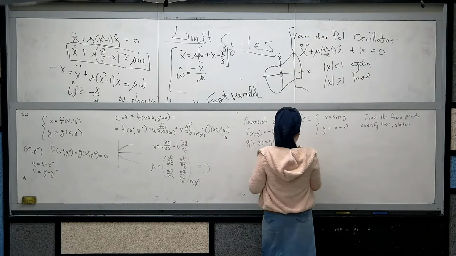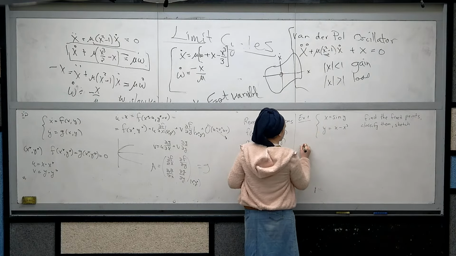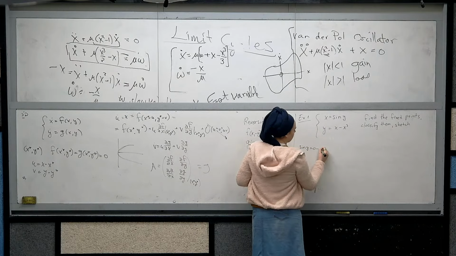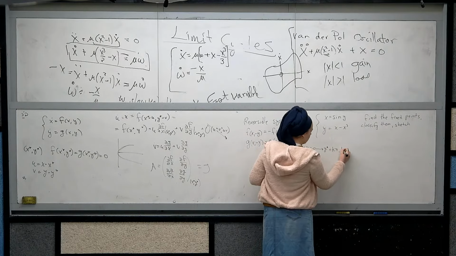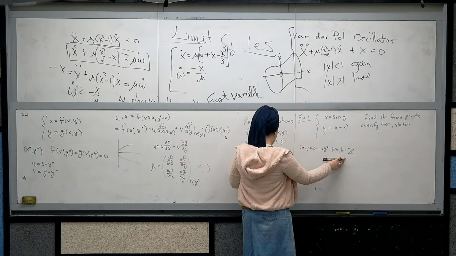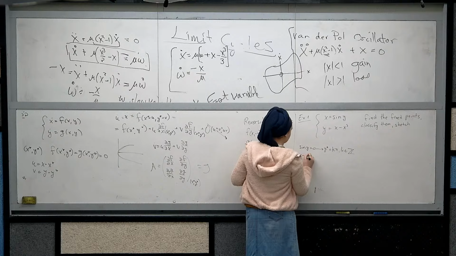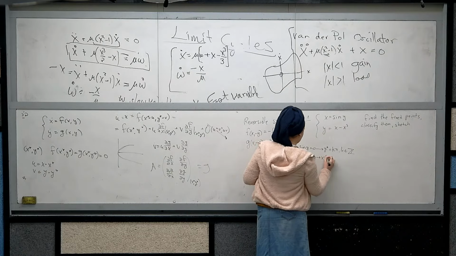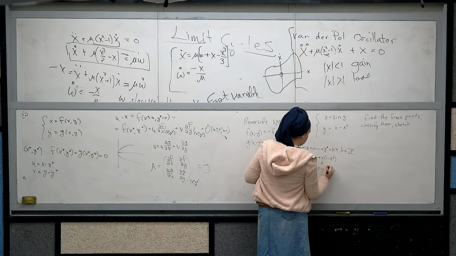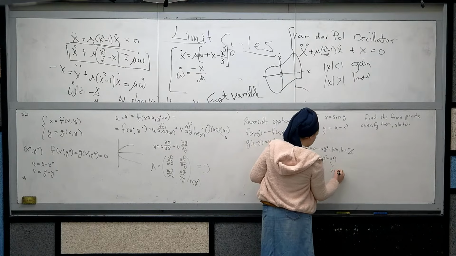So we want sine y to be 0, right? So y star will be k pi, where k is an integer, and x minus x cubed will be 0. That means x is 0 or plus minus 1.